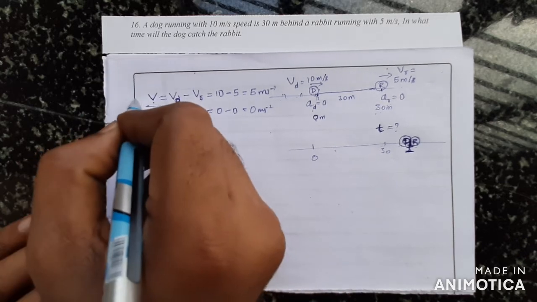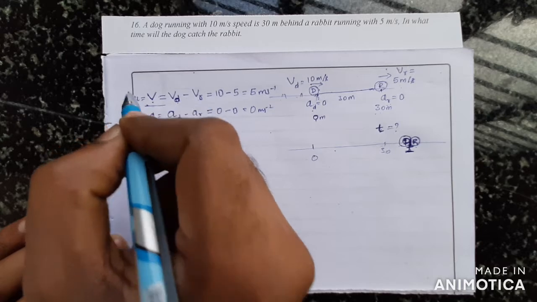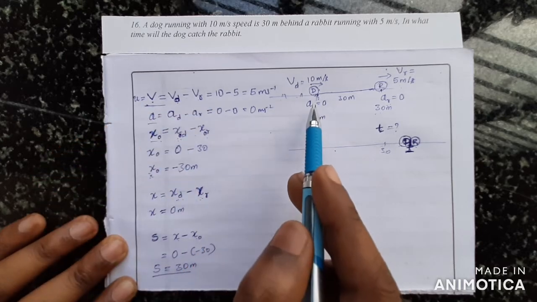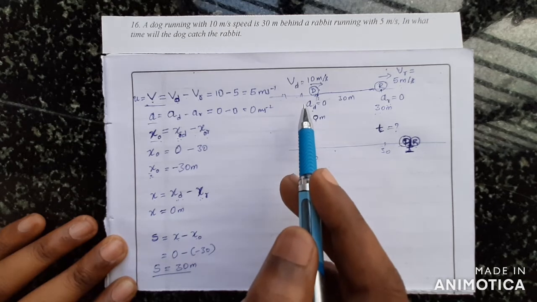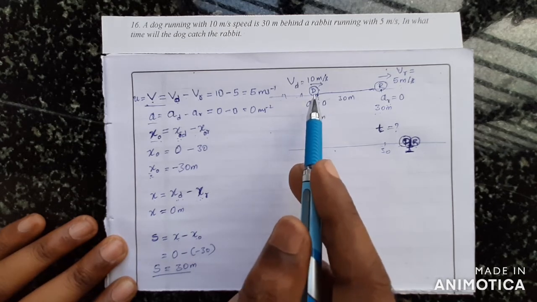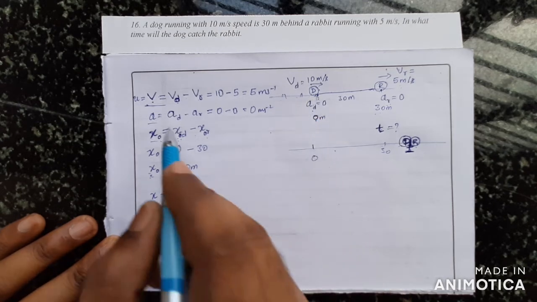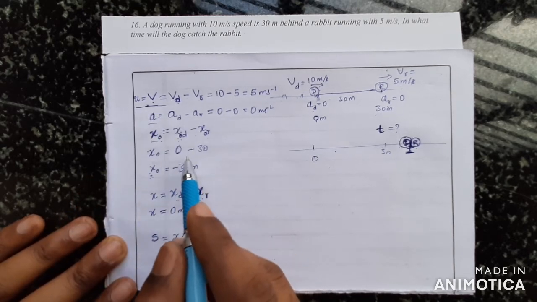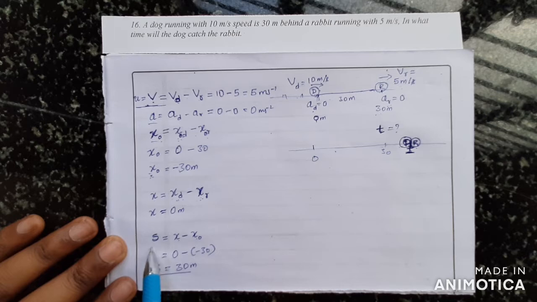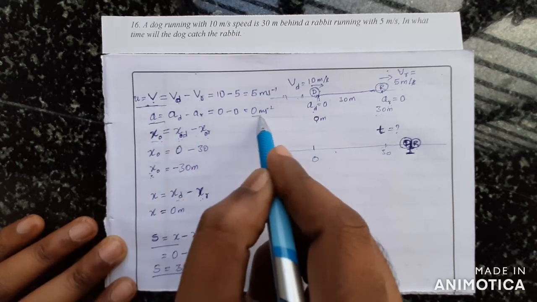So this itself is u and this itself is v, because it's constant velocity. Velocity is not changing for both the bodies, so relative velocity will also remain constant. So you have u and v which are same. You have s, you have a which is 0.